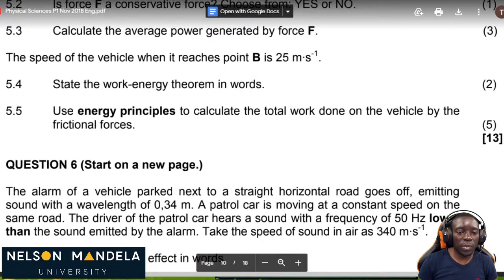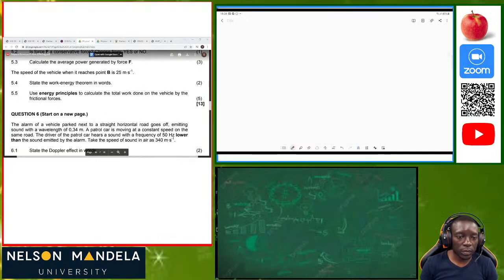So use energy principles to calculate the total work done on the vehicle by the frictional forces. In this case, we want the work done by friction. How do we do that?